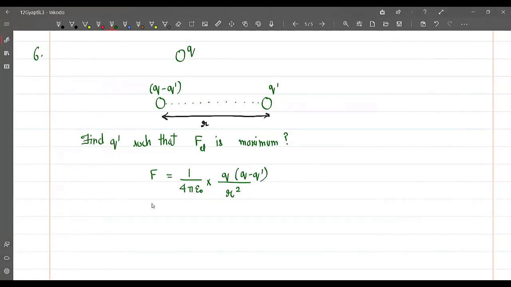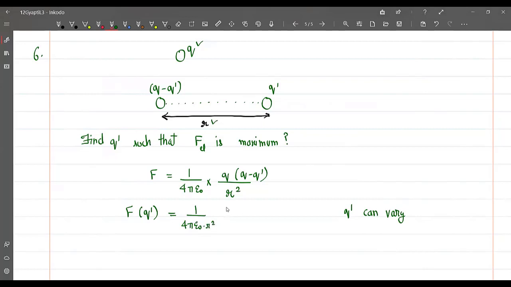Here, this force is a function of Q dash because Q dash can vary. The distance is something that you have chosen. Q is something that was already given. So Q and R are constant. 1 by 4 pi epsilon naught is a constant. But the variation is in the Q dash.